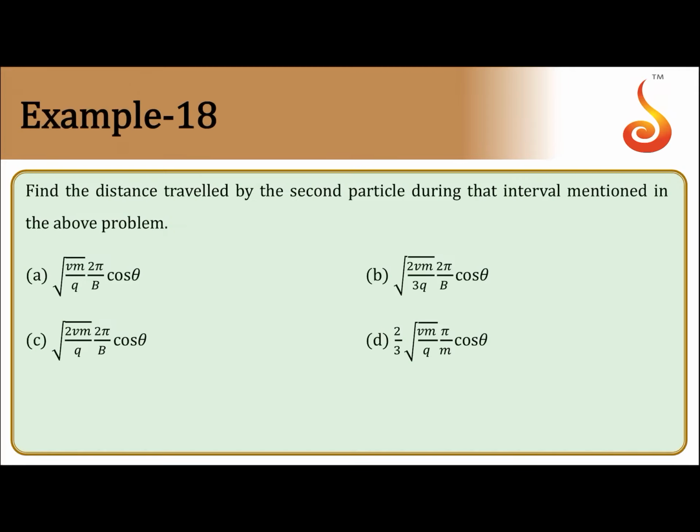The next question is, find the distance travelled by the second particle during that interval. So that will of course be V dash into t. So let us calculate it. That distance is also called the pitch of the helix.